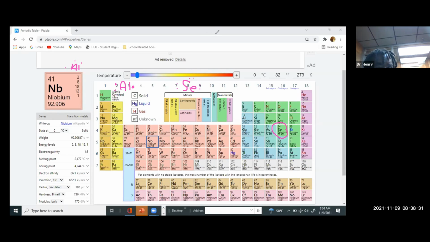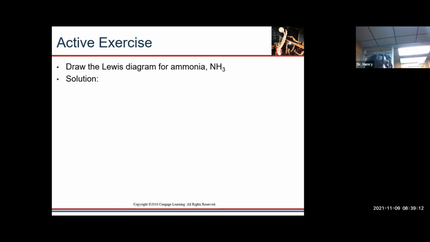Does that make sense? Okay, so when we talk about Lewis dot structures of compounds, the first thing we want to do is count all of the valence electrons for each of the different elements, okay? So if we talk about ammonia, we know that nitrogen has how many valence electrons? It has 5.